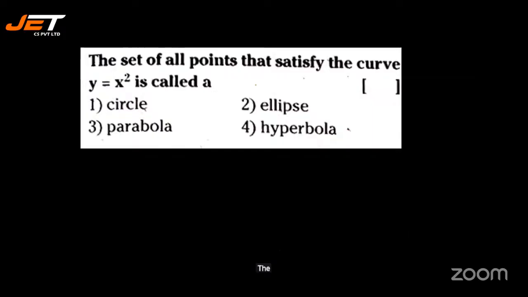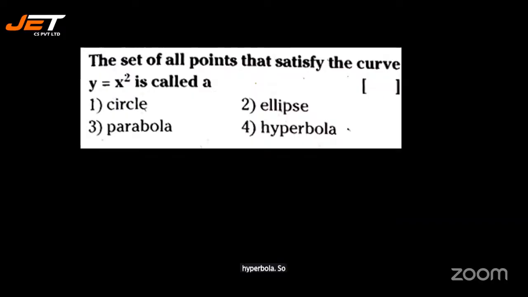The set of all points that satisfy the curve y is equal to x square is called a circle, ellipse, parabola, or hyperbola. All right. So quickly understand the question. The question is very easy. The set of all points that satisfy the curve y is equal to x square is called a circle, ellipse, parabola, hyperbola.